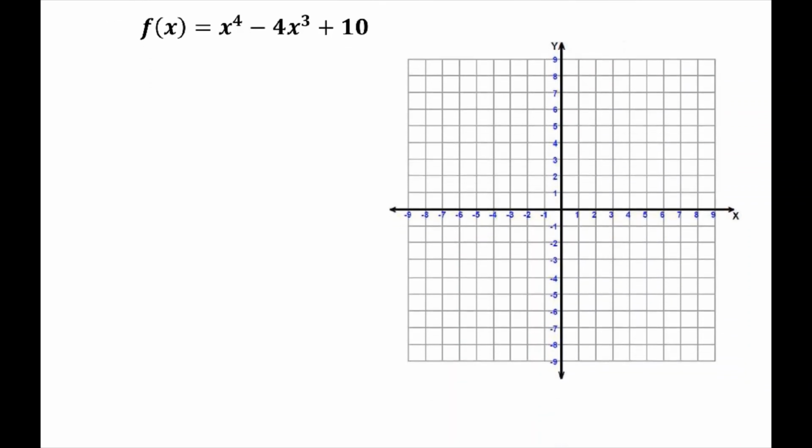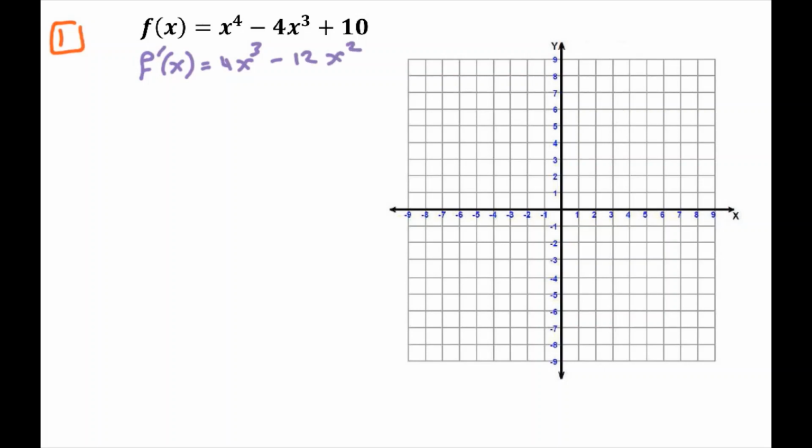First of all, in order to sketch the function, we need to know the critical points, increasing and decreasing intervals, and any extreme values. That's the first part, and all of these things are related to the first derivative. So, first step, we're going to find the first derivative and study everything related to that. So, f prime of x equals 4x cubed minus 12x squared.